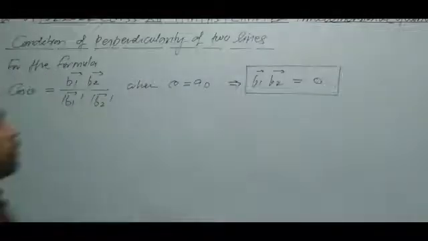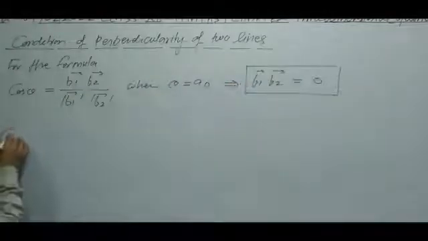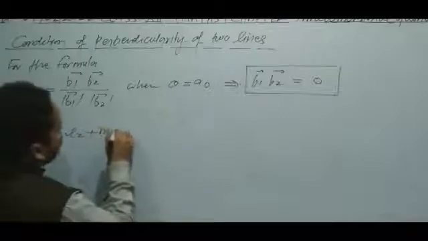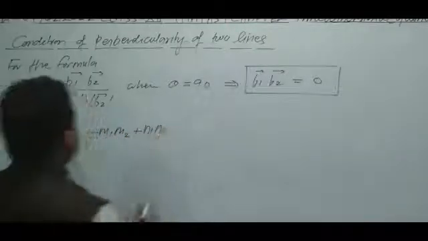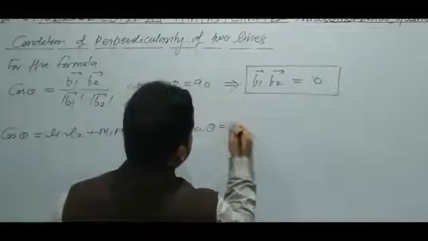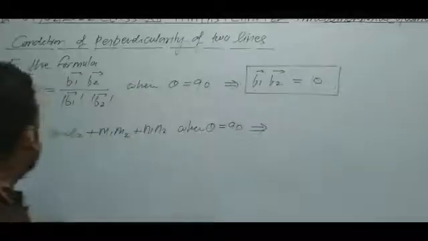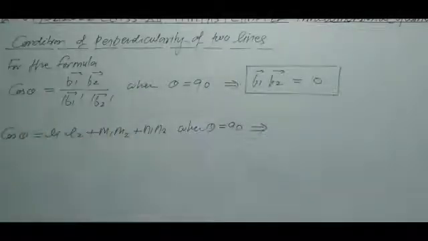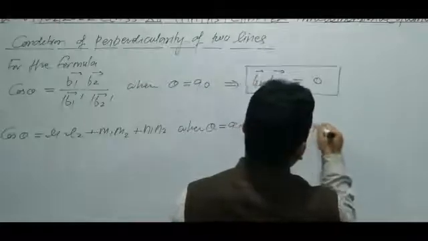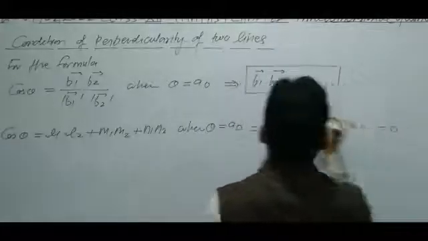And for the formula cos theta is equal to L1 L2 plus M1 M2 plus N1 N2, when theta is equal to 90, this implies L1 L2 plus M1 M2 plus N1 N2 will give 0.